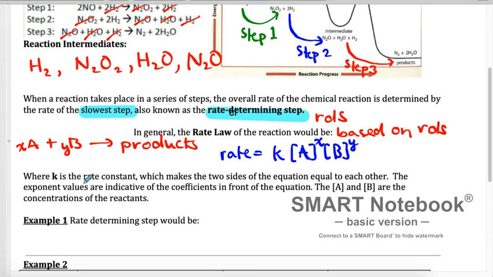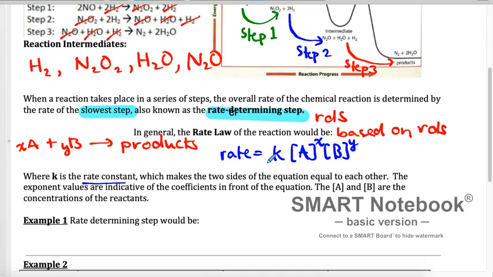K is known as the rate constant, which makes the two sides of the equation equal each other. This is kind of like a fudge value. The rate constant is a value and it's different for every reaction. You can't really memorize it.